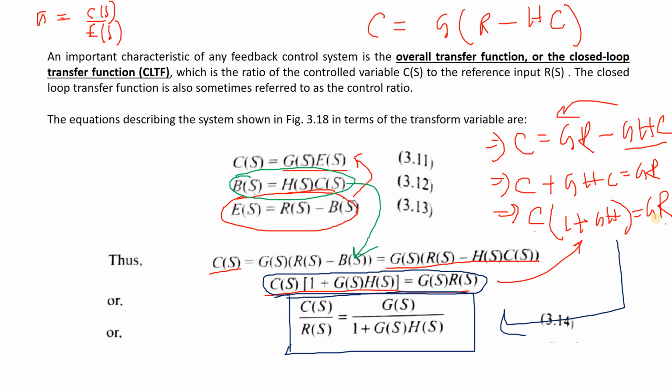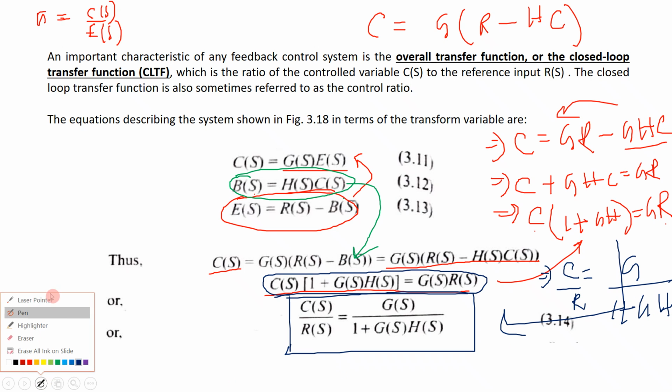So this is this equation. The next step will be C by R equals G by 1 plus GH.